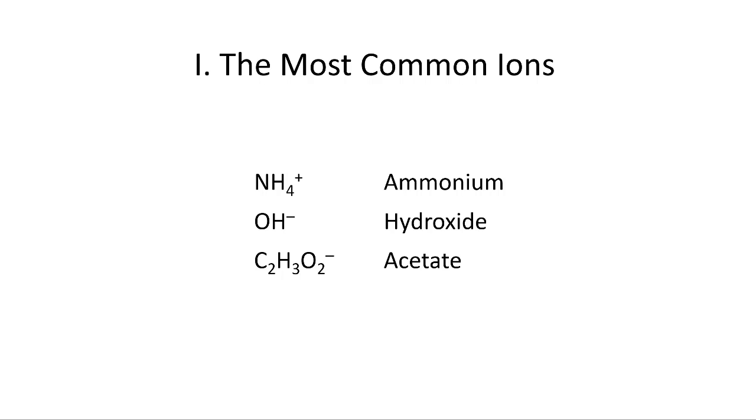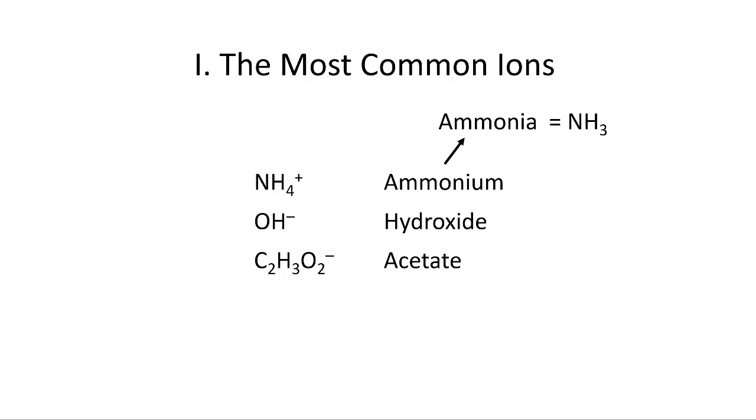One thing that you should know about ammonium is that there is a related molecular compound named ammonia. Ammonia is a molecular compound, and its formula is NH3. Notice that it doesn't have a charge. This is because it's a molecular compound, whereas ammonium is a polyatomic ion.